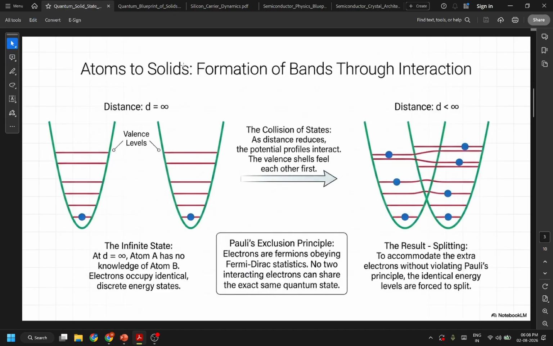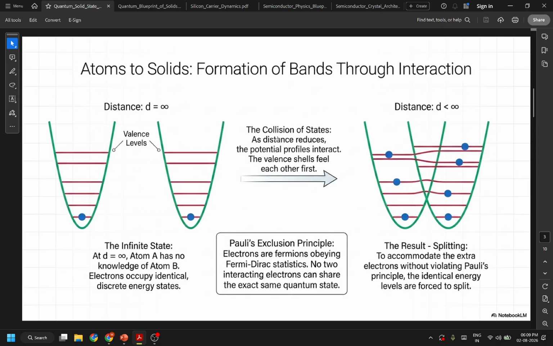Now we talk about formation of bands through interaction. When the distance between different nuclei is infinity, atom A and atom B don't have any knowledge of each other, and the electron will occupy identical discrete energy states within both independently.